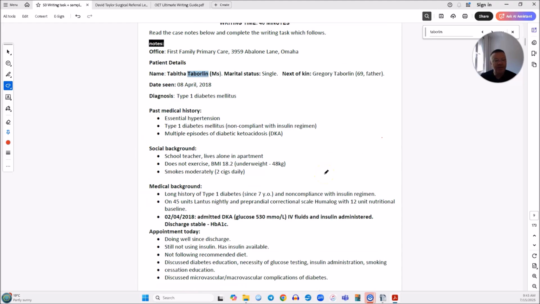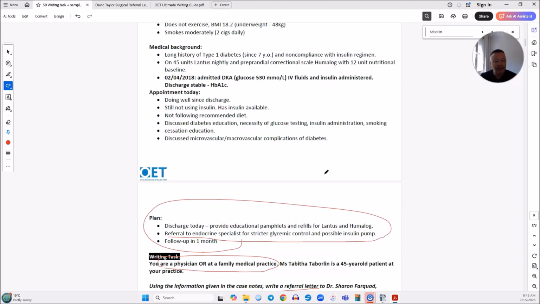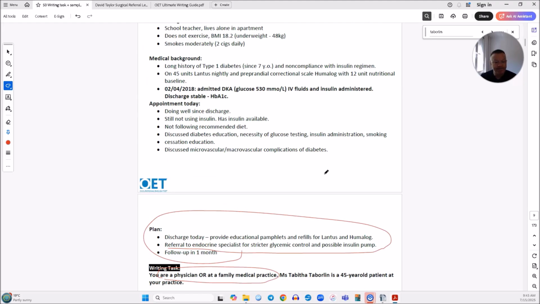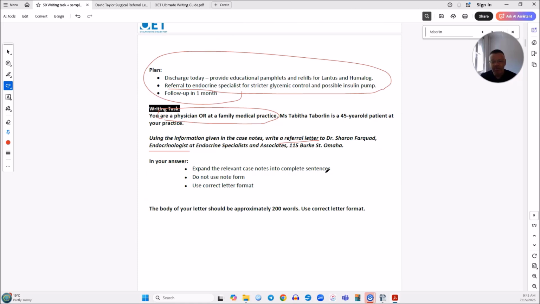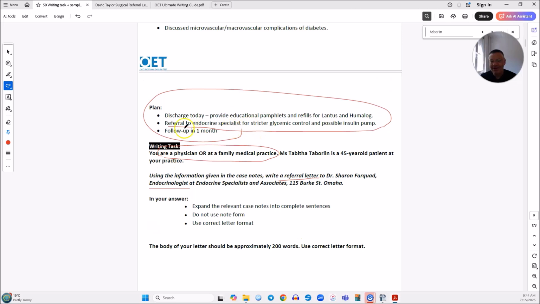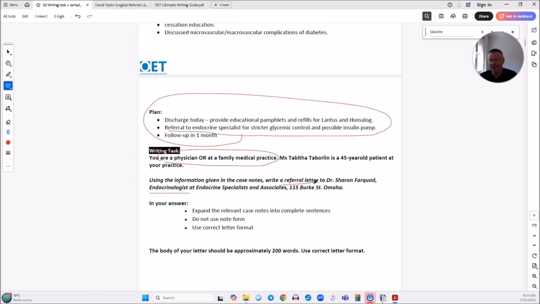So, what do we have here? Who am I? Physician at a family medical practice. This is why I keep saying don't use these. I know that lots of you do, even though I tell you not to. But you only get discharged if you're in hospital.